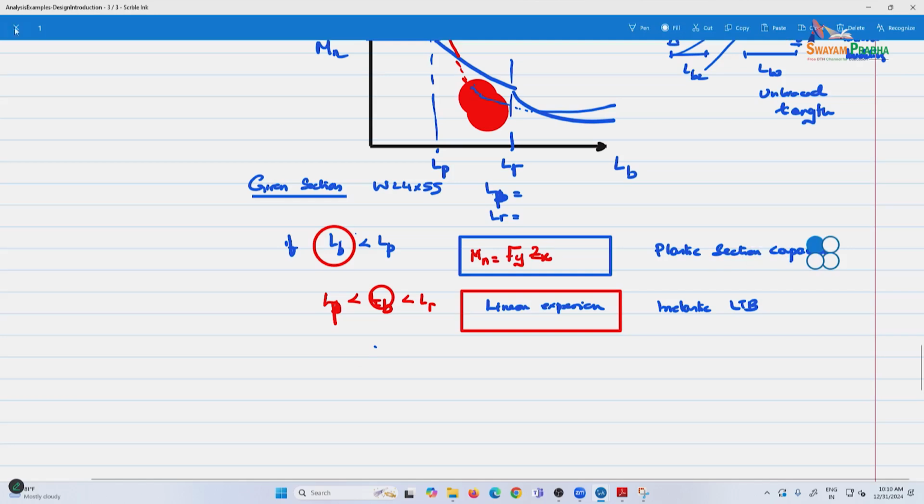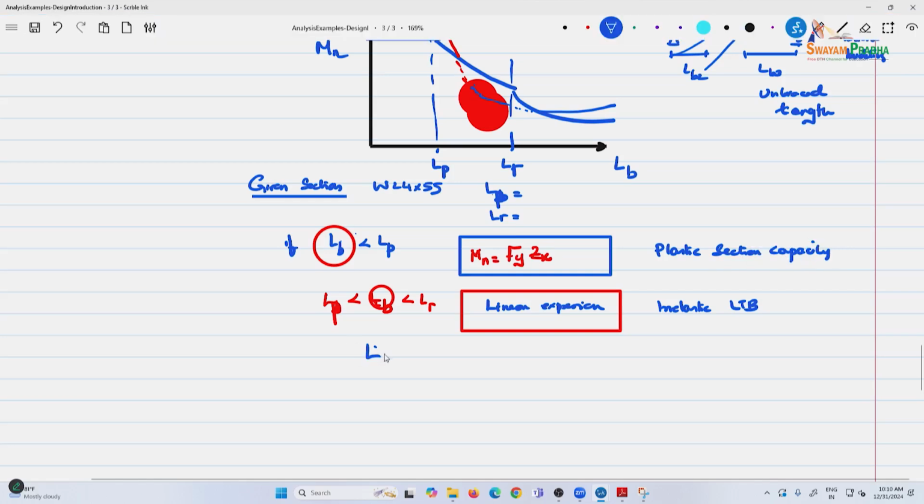And then if your LB is greater than LR, you have the elastic lateral torsional buckling expression. So, you have to use Mn from either one of them, and in addition you also consider a moment magnification factor Cb, as needed.